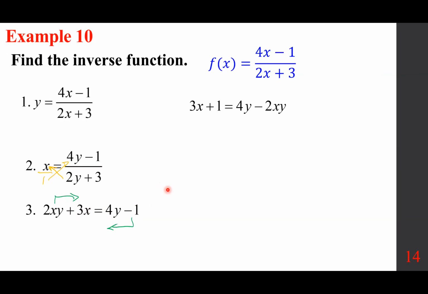So on the right side, I can factor out the y. I can even factor out 2y, but I'm not interested in that because I want to solve for y, class. I'm going to just take the y.